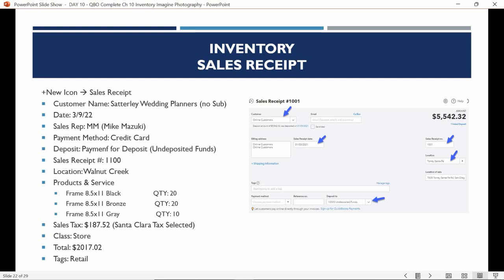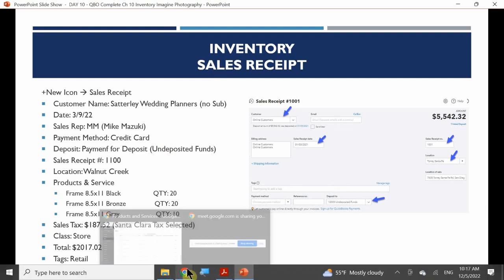We're going to sell 20 of the black picture frames, 20 of the bronze picture frames, and 10 of the gray picture frames. And of course, tax is going to be based on Santa Clara. Okay, so let's go ahead and get started.